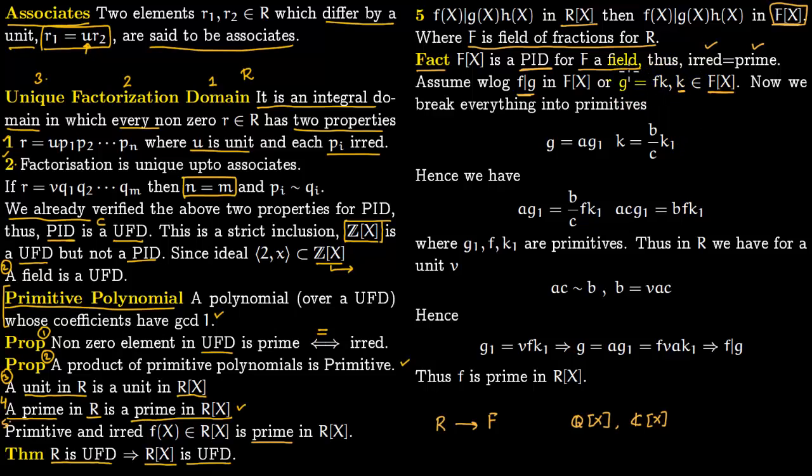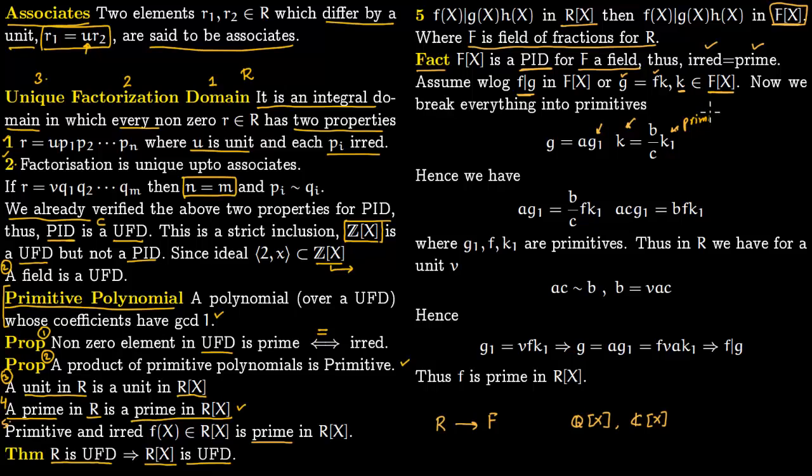We started with g and f originally in R[x], so you should break them into primitives. You write g as a g1, where g1 is primitive, and you also break k into primitives. So k you can write as b over c times k1, where k1 is primitive.